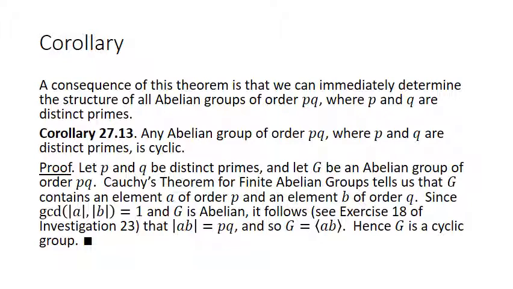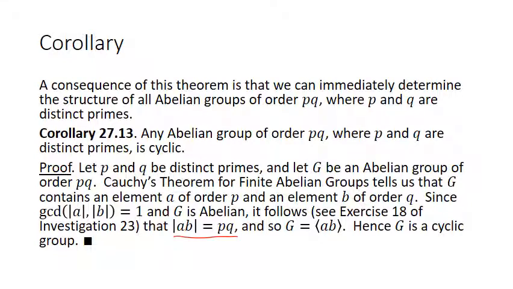So proof. Let P and Q be distinct primes, and let G be an abelian group of order PQ. Cauchy's theorem for finite abelian groups tells us that G contains an element A of order P and an element B of order Q. Since the GCD of the orders of A and B is equal to 1, and G is abelian, it follows, and here they're saying to look at exercise 18 of investigation 23, that the order of AB is PQ.